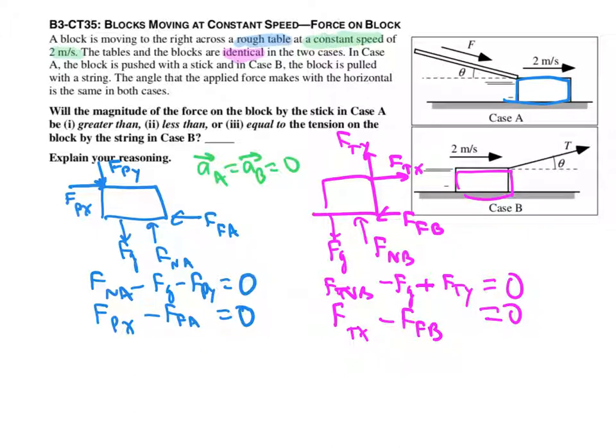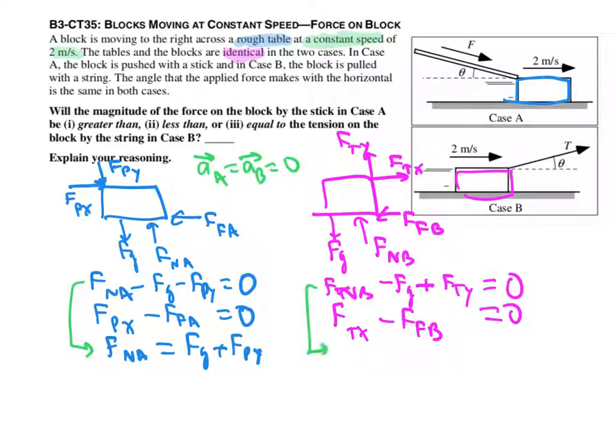Why is that helpful? Well, if we take this first line, we can solve this and say that FNA is FG plus FPY, so that it is greater than FG.